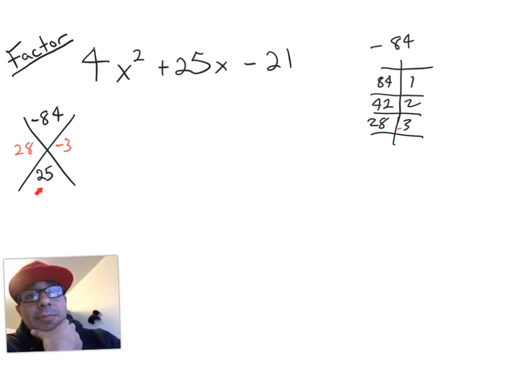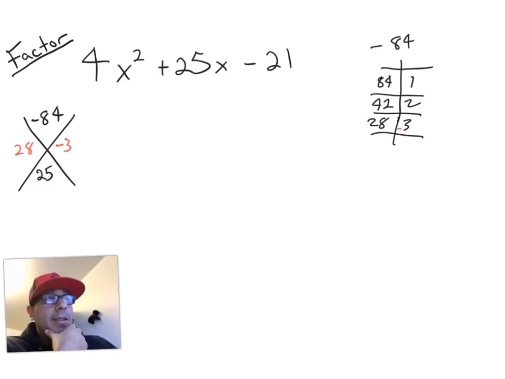When we add them, boom, we get that 25. So again, if you have your calculator handy, this actually doesn't take that long, as long as you understand the process. So it's all about understanding. So what are we going to do with 28 and that negative 3?